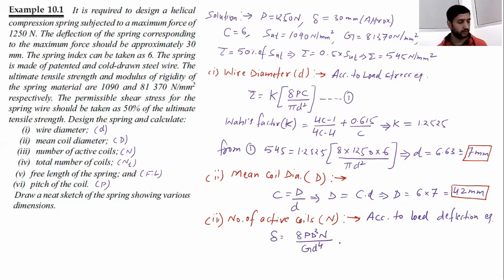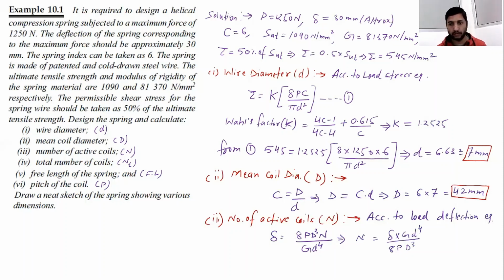Okay, this is the formula in order to find out the number of active coils, where you know that delta is the deflection and P is the force and G is the modulus of rigidity, small d is the wire diameter. So from here you will find out your N, that is N will be equal to delta into Gd4 divided by 8PD cube.